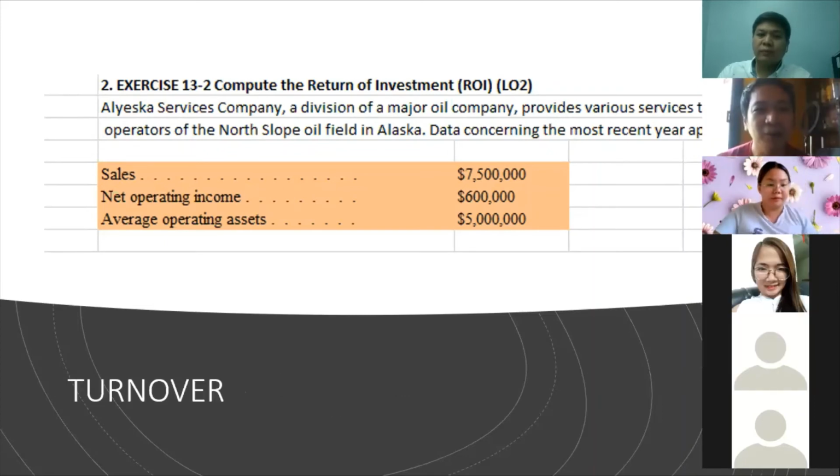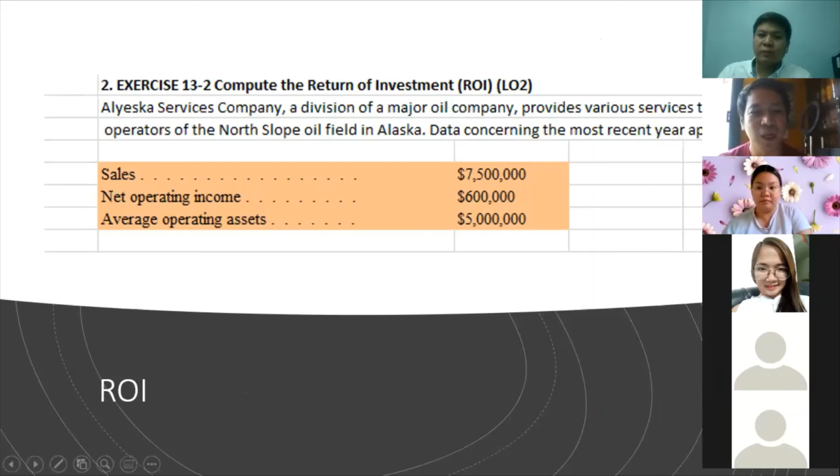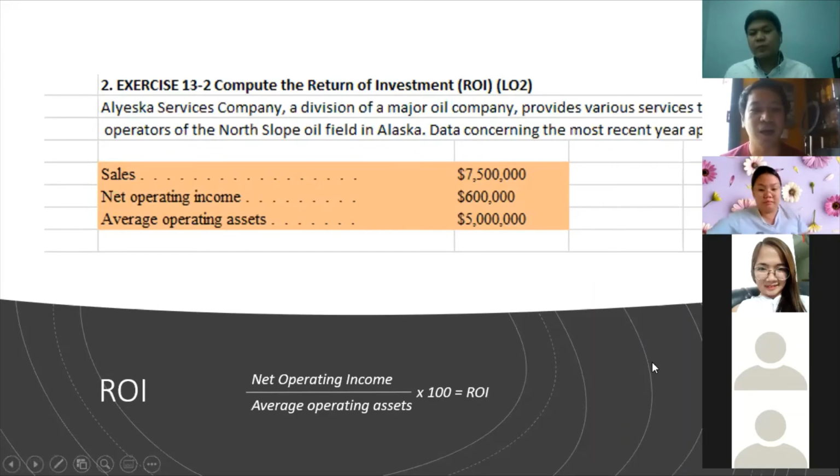Okay. To continue, to get the return on investment, yung formula po is net income over average operating assets times 100 equals return on investment.